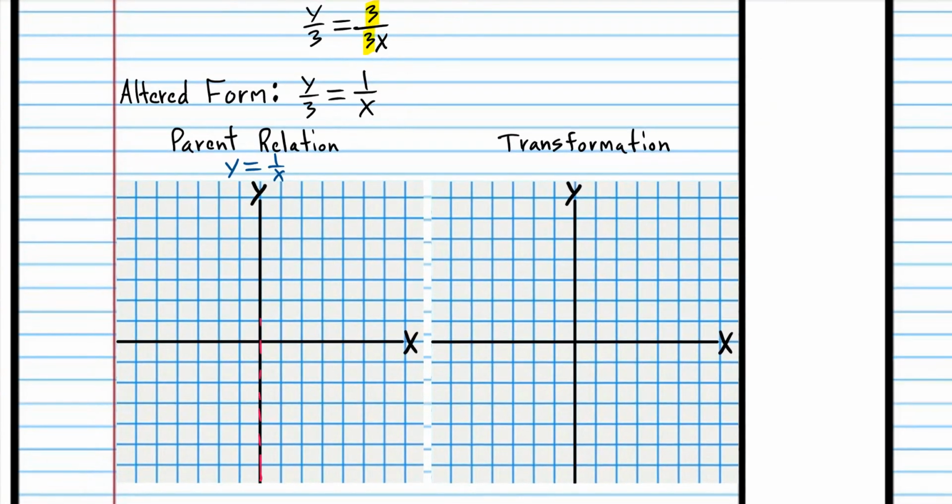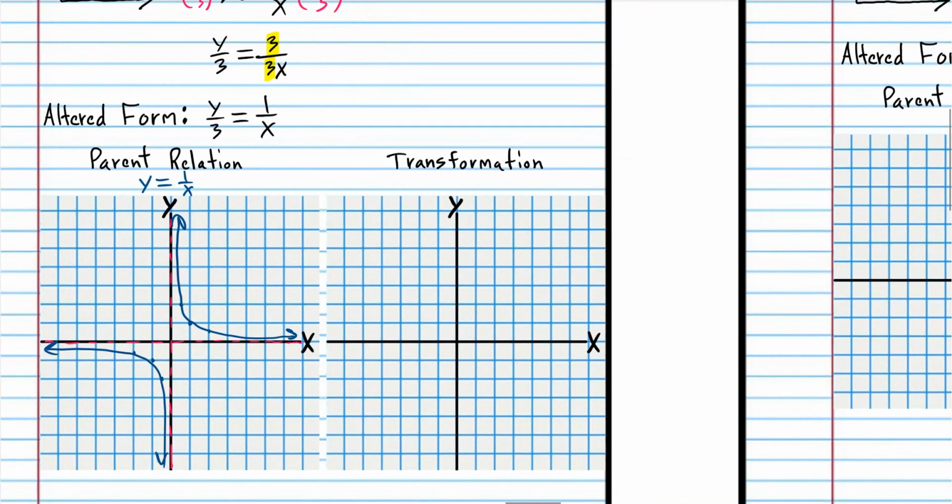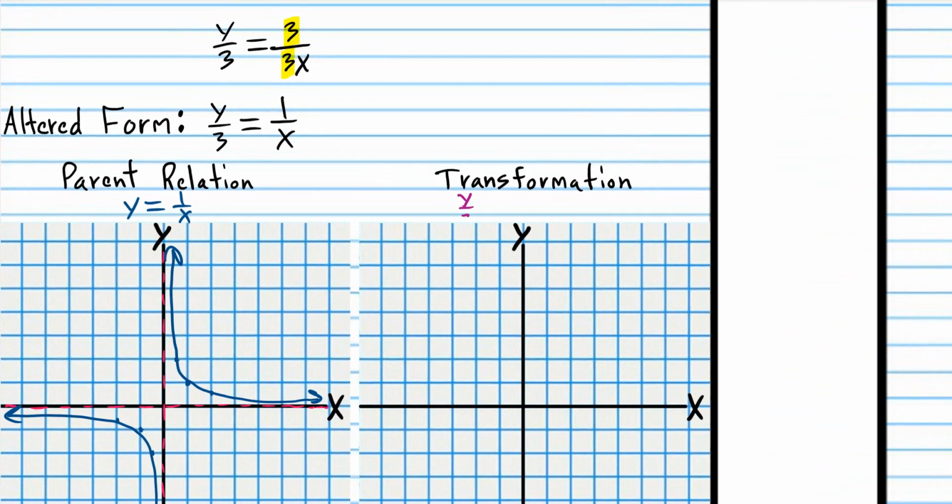So remember, the reciprocal relation, which has a variable in the denominator, in this case x, it always has 2 asymptotes and those 6 reference points. We're going to connect the dots, and there you go. Okay, now we're going to graph y over 3 is equal to 1 over x.